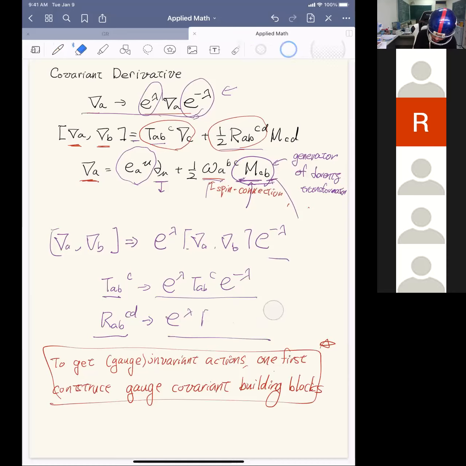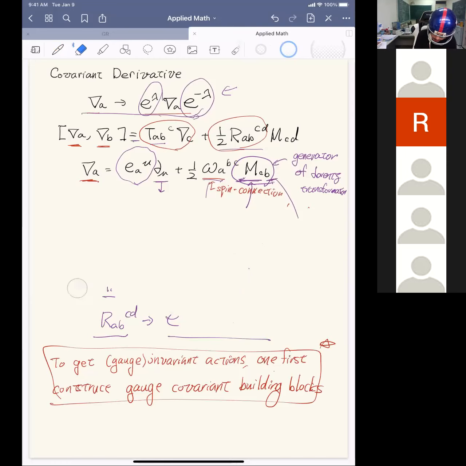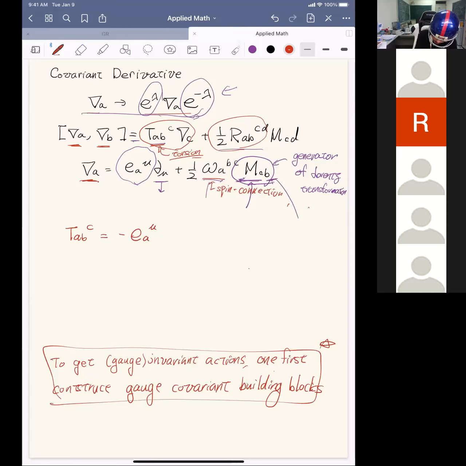Okay. So we've established that we can generate the Riemann tensor and what we'll call the torsion. Of course we can write them out explicitly. So TABC, you can just do this computation and map to the right-hand side. Then you'll see that this object that you define here is given in this form.